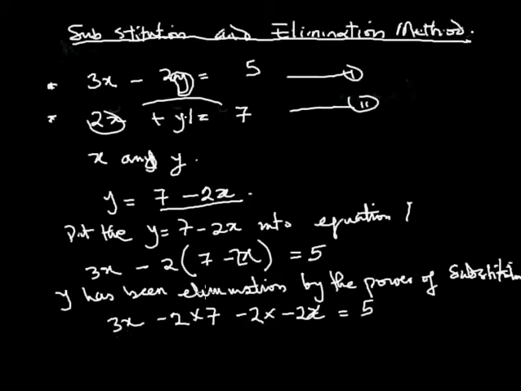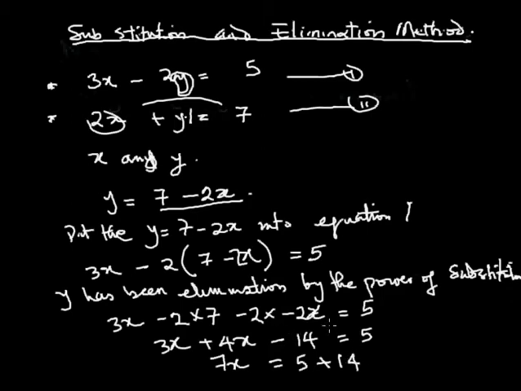And this is what we're going to have by the end of the day: 3x plus 4x minus 14 is equal to 5. Then we will now have 7x is equal to 5 plus 14.